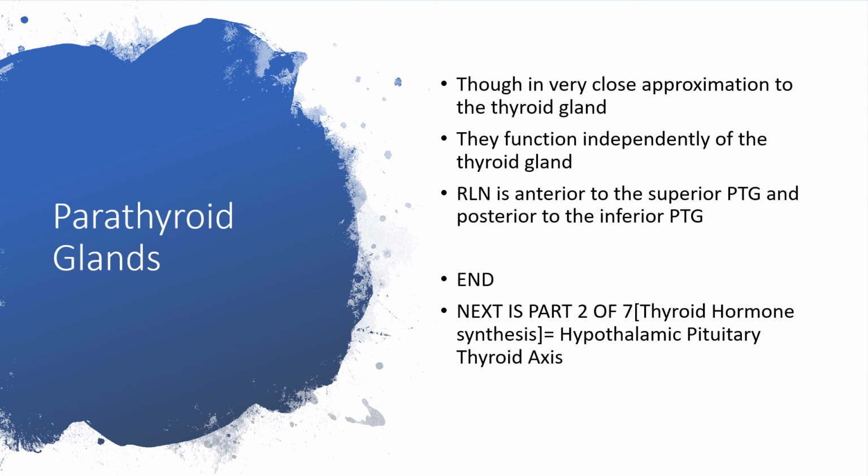Okay, lastly for today, parathyroid glands. Though in very close approximation to the thyroid gland, they, however, function independently of the thyroid gland. The recurrent laryngeal nerve is anterior to the superior parathyroid gland and posterior to the inferior parathyroid gland.